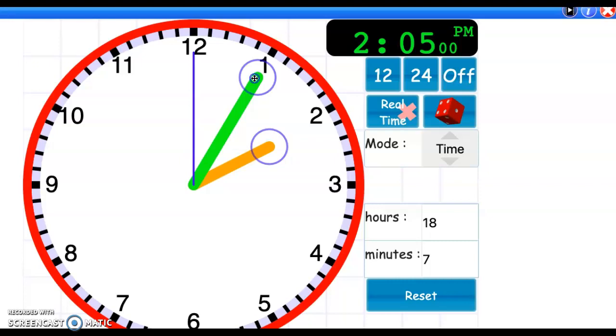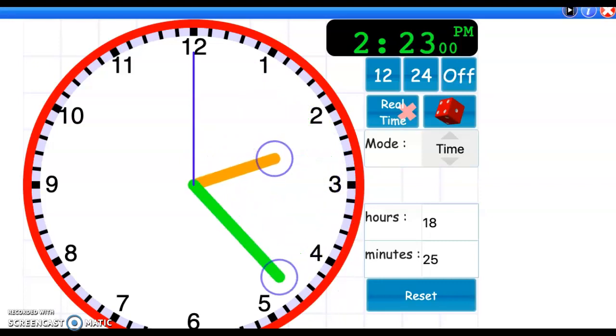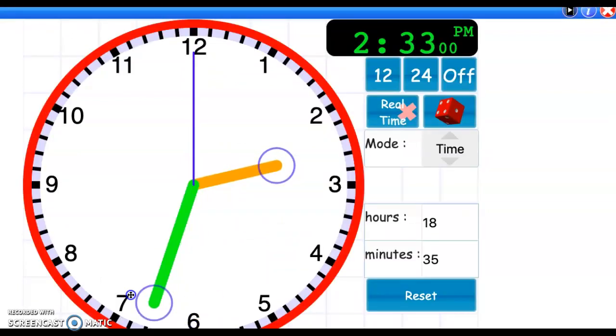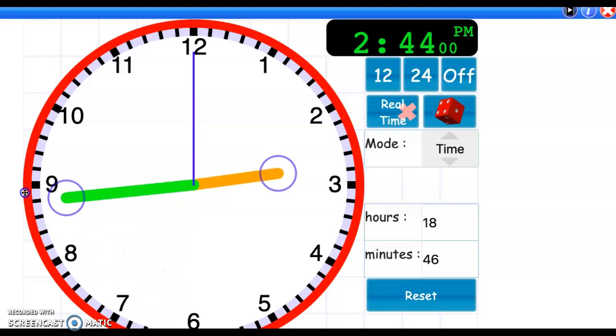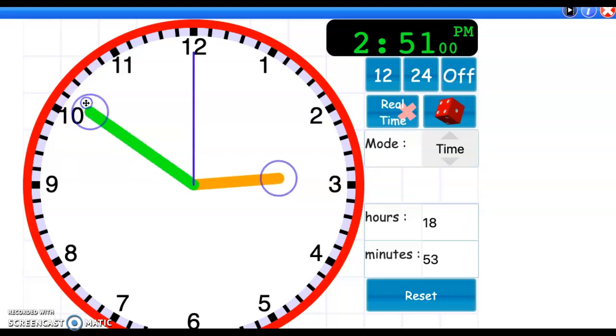All right, 45. 5, 10, 15, 20, 25, 30, 35, 40, 45. Come on, clock. Does it want to move? Okay, 45, 46, 47.